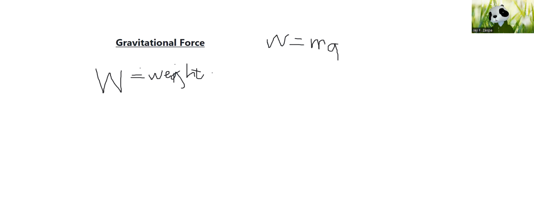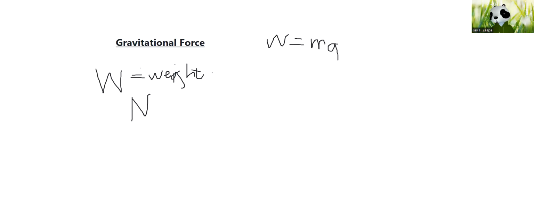That means you have the mass, the constant mass. It's the original way of weighing a certain object. A weight has its unit of Newton, because this is force.